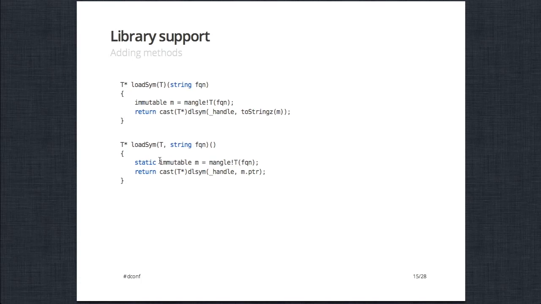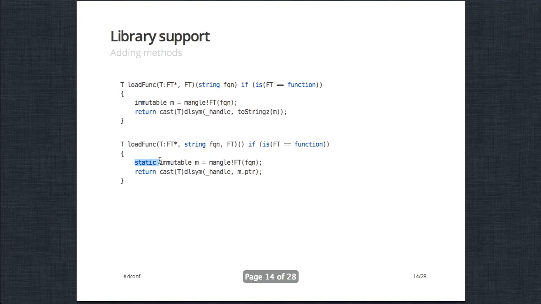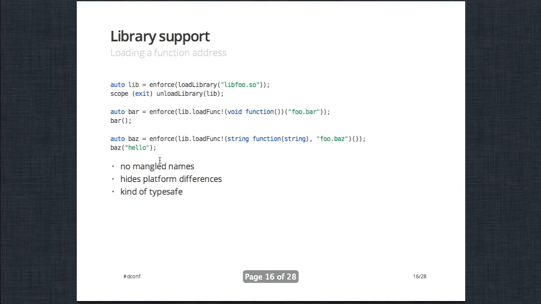And the reason why we need a different function for that is because we can't actually specify function types in D any longer. We can only specify function pointer types. So if you want to load a function pointer from a shared library, you're going to need another function, because otherwise that function would confuse the thing. I don't think it's that important to understand.